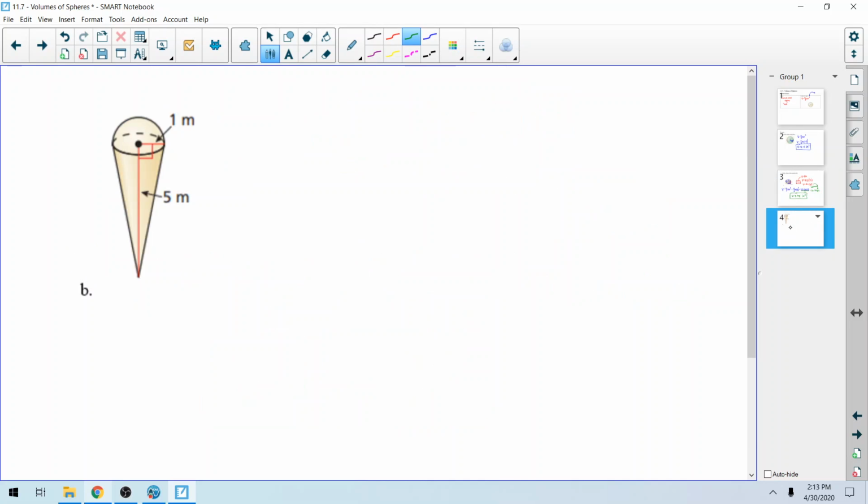Last one, find the volume of the composite solid. So I'm going to start on the top because it's very similar to what we just did. We have a hemisphere. So the volume of a sphere, 4/3 pi r cubed. So 4/3 times pi times the radius cubed. Let's go figure that out.